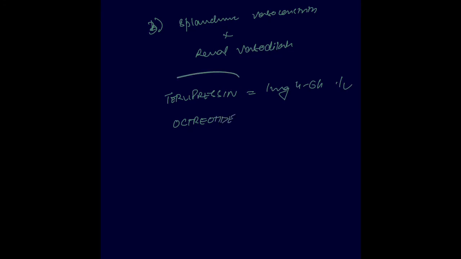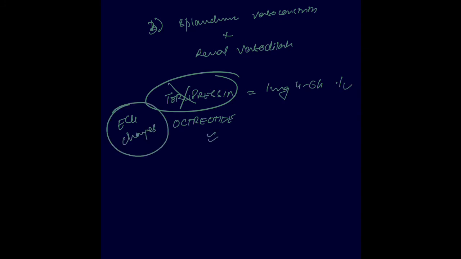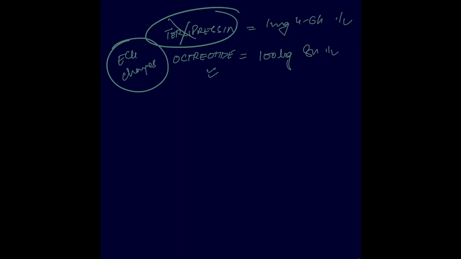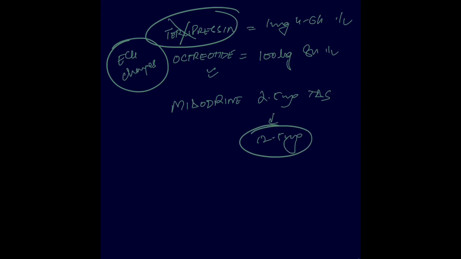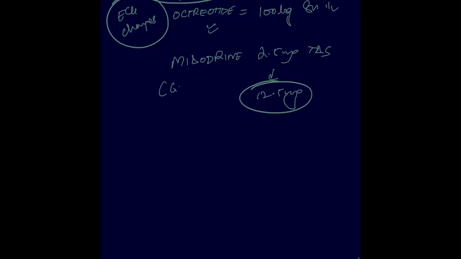If a patient is a cardiac patient, avoid terlipressin. If ECG changes are present or the patient has some cardiac abnormality, avoid terlipressin and go for octreotide in the dose of 100 microgram 8 hourly IV. And you can also use midodrine 2.5 mg thrice daily, which can be increased up to 12.5 mg, commonly available by the name of Gutron.